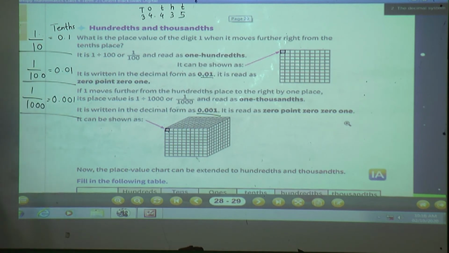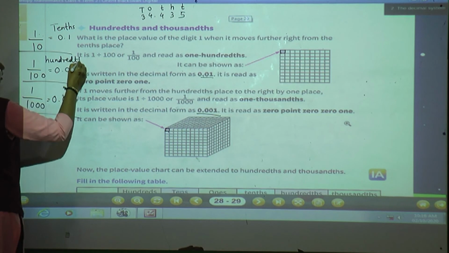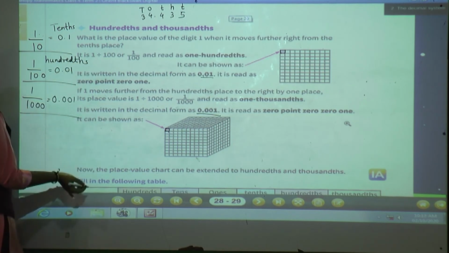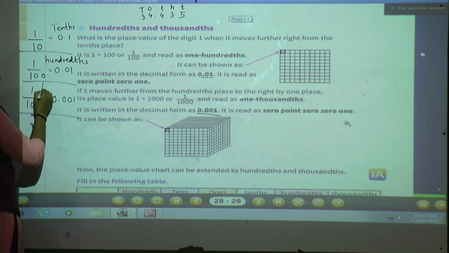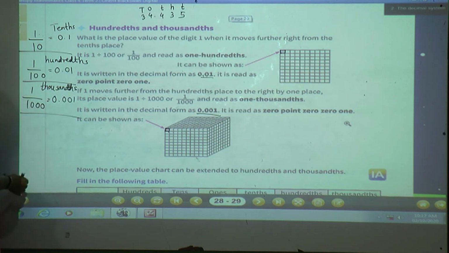Again, if one more digit moves to the right side, that is known as hundredths. And if one more digit moves further, that is known as thousandths. It is written in decimal point as 0.1, 0.01, 0.001. Clear till here? Yes?